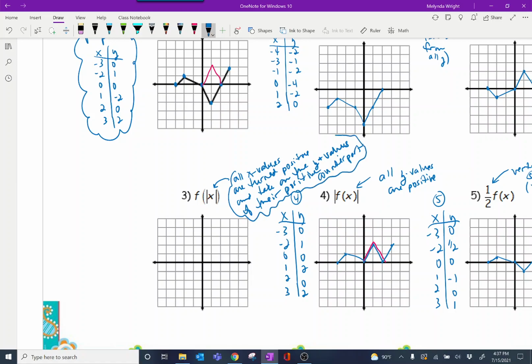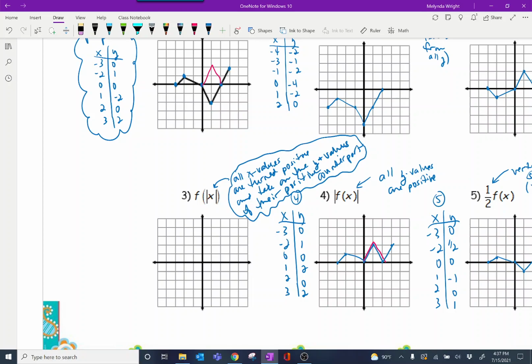I know, it's crazy. So when I plug in a -1, the x value that I plugged in is a -1, but it turns into a +1, and then the y value that we would choose would go with the positive y value, if you will. So we would choose the y value for +1, not -1.